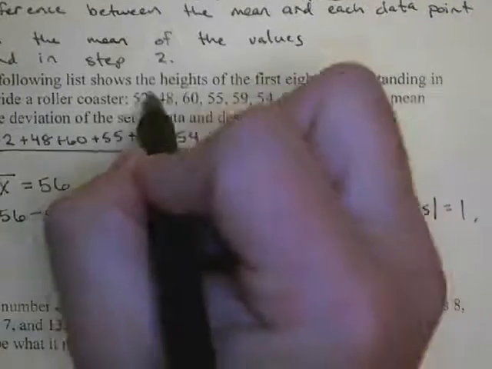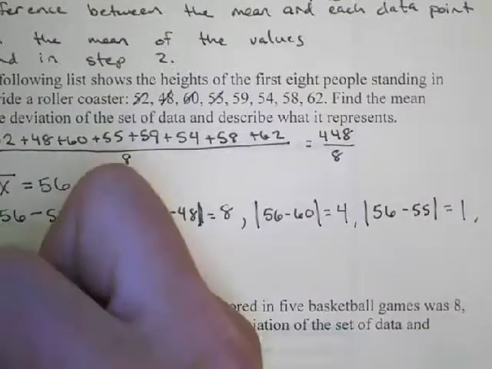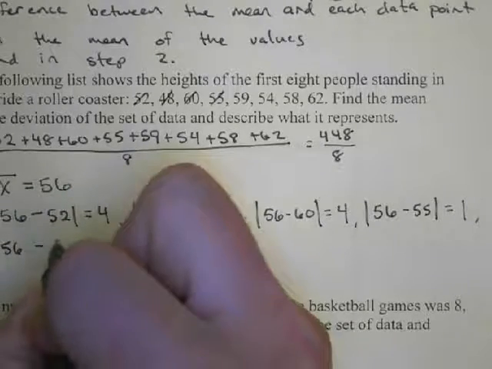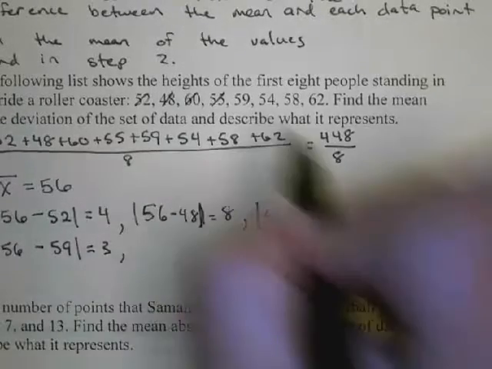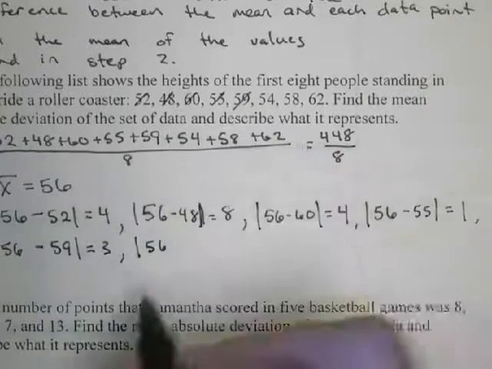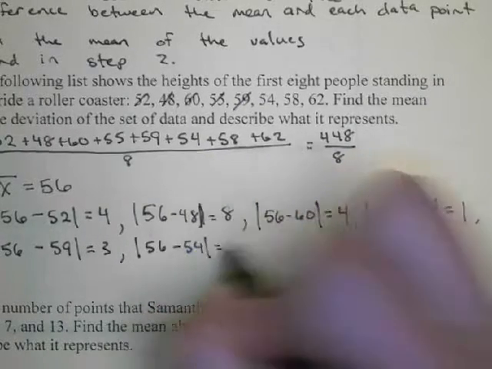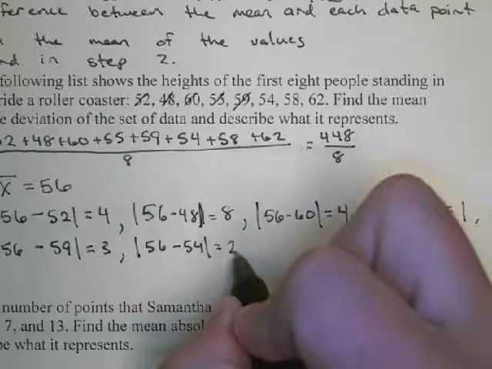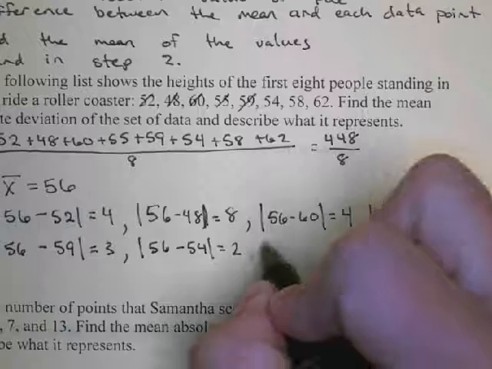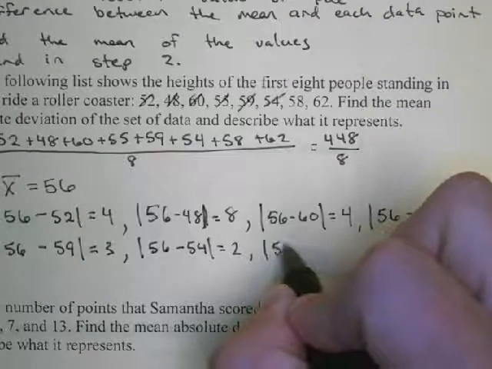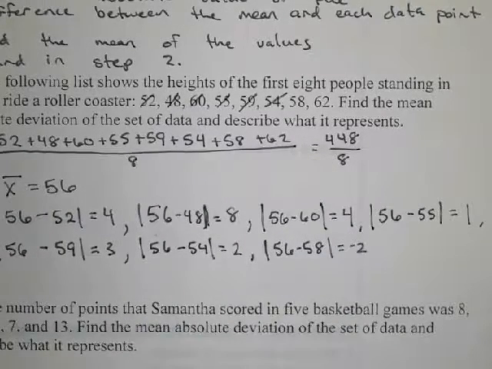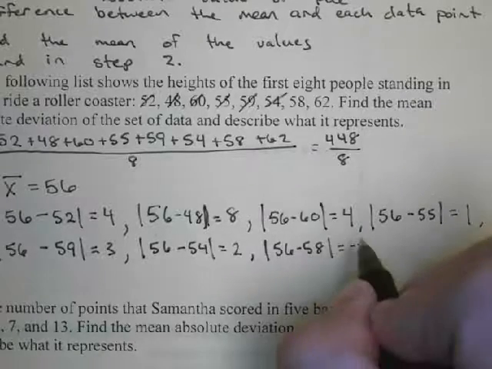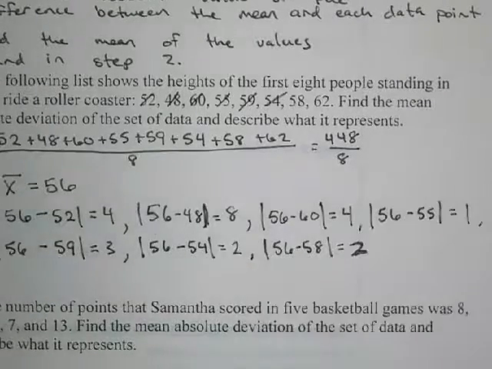Now we're on to 59, so the absolute value of 56 minus 59 is negative 3, and the absolute value is 3. Then 56 minus 54 is 2, and the absolute value is 2. 2 more left to go. 56 minus 58 is negative 2, and the absolute value is a positive 2.